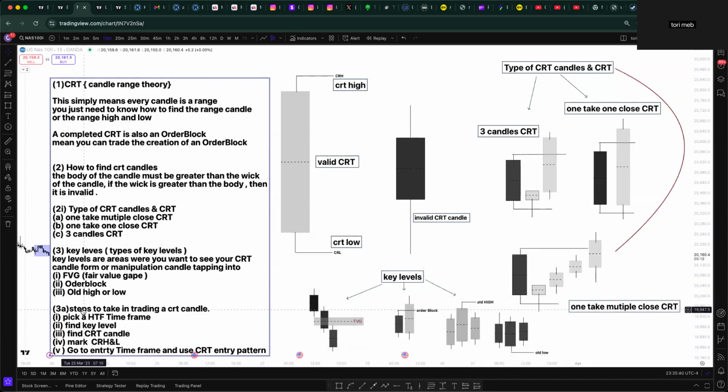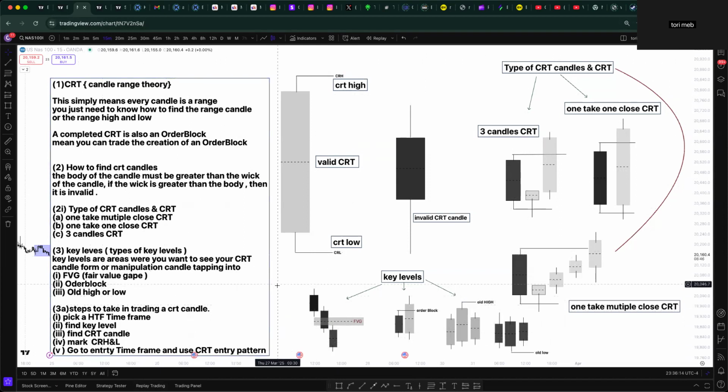And that takes us to the last part, which is the steps to take in trading the CRT candle. First of all, you need to pick a higher time frame, and the second step is finding the key level, which we just talked about, and finding the CRT candle by doing the whole measurement part. Mark CRH and CRL, which is CRT high and CRT low.